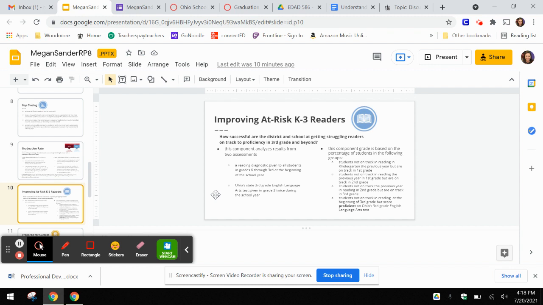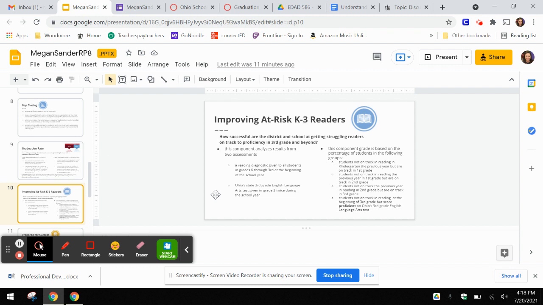This component grade is based on the percentage of students in the following groups. And to basically sum that up, if a student is not on track at the beginning of one year, we want to make sure that they are on track at the beginning of next year. And we measure whether or not they're on track based on those reading diagnostics given at the beginning of each school year.